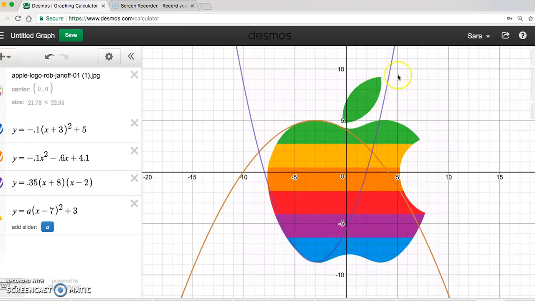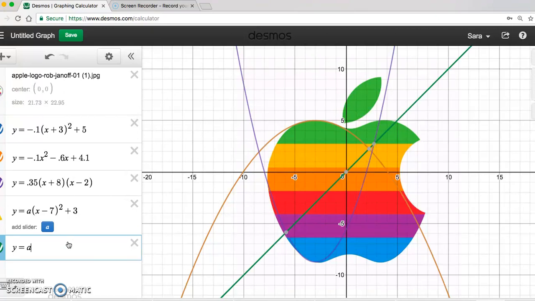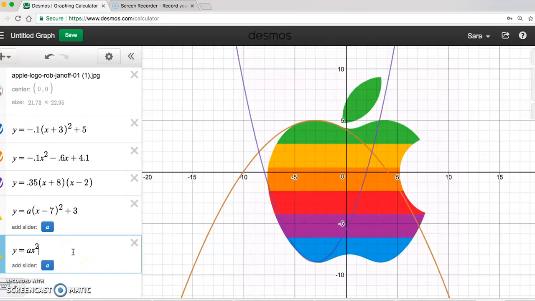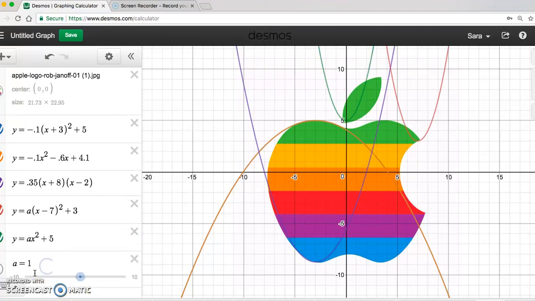But okay, so let's focus on the leaf, okay? So I'm going to have one, don't know, so I'll put in an A value there. And then let's just have the vertex at 0, 5. Okay.